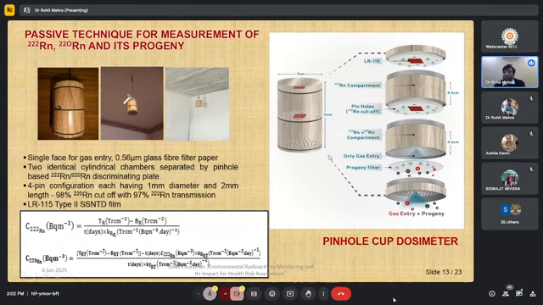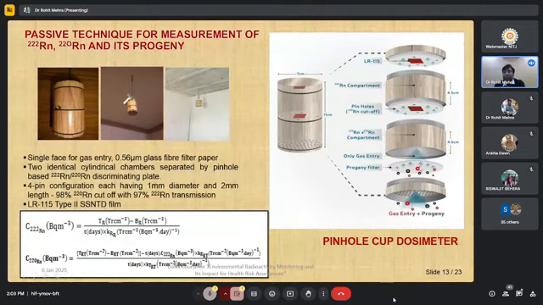As thoron is highly volatile, there are 4 holes provided in this pinhole cup dosimeter. These 4 holes, at 90 degrees to each other, as you can see from this cursor, allow the radon to enter from the lower compartment into the upper compartment.